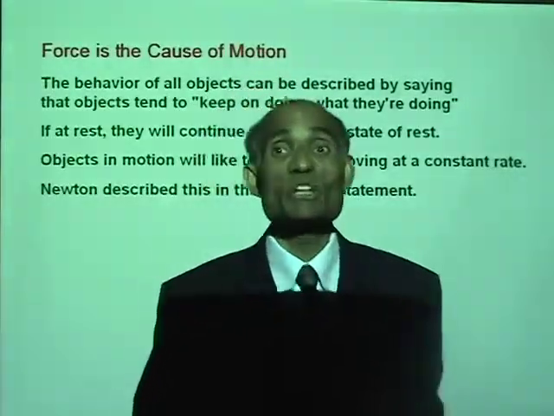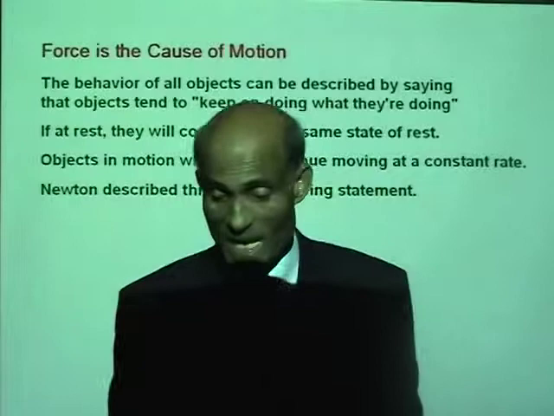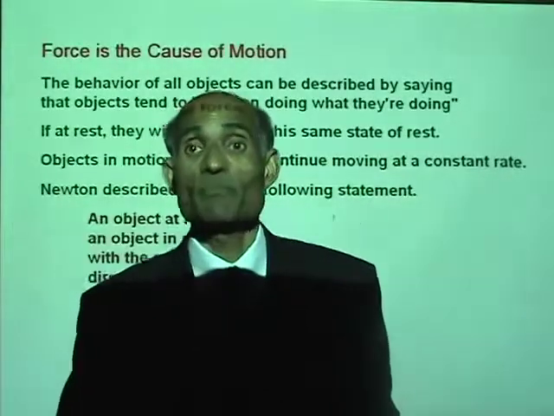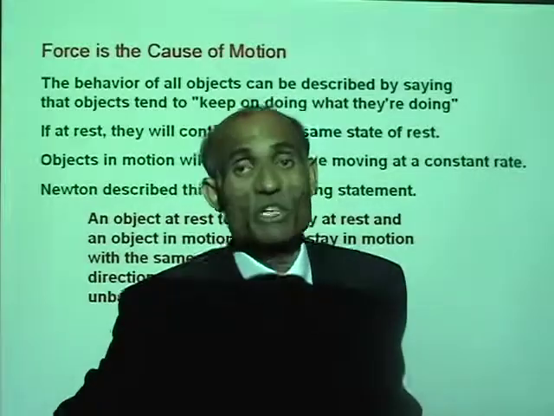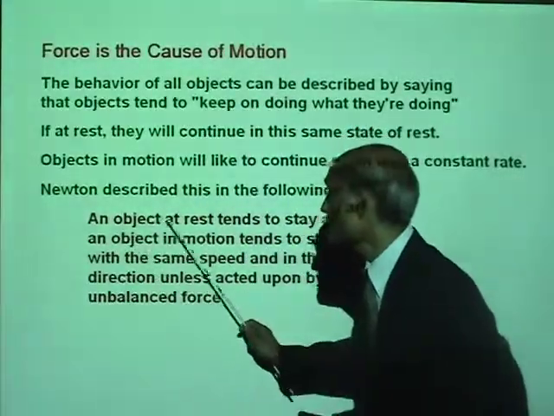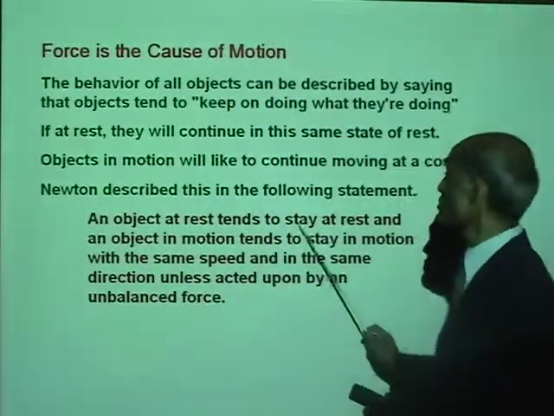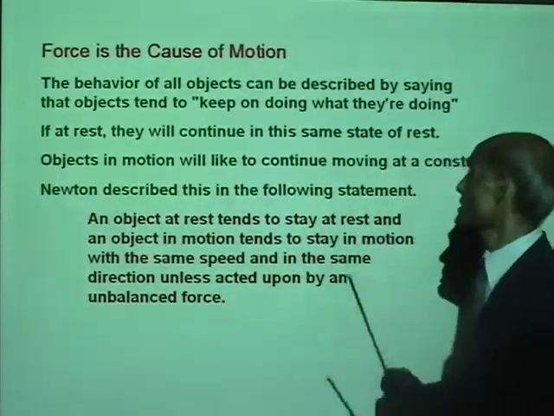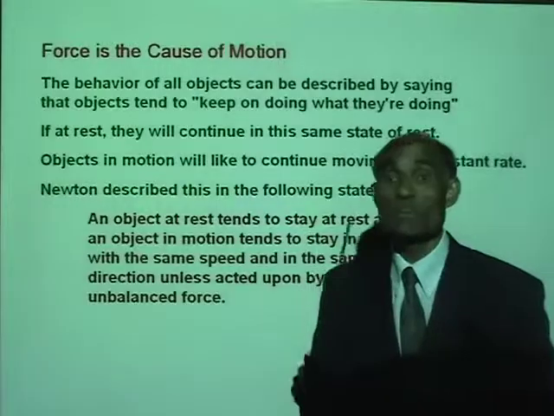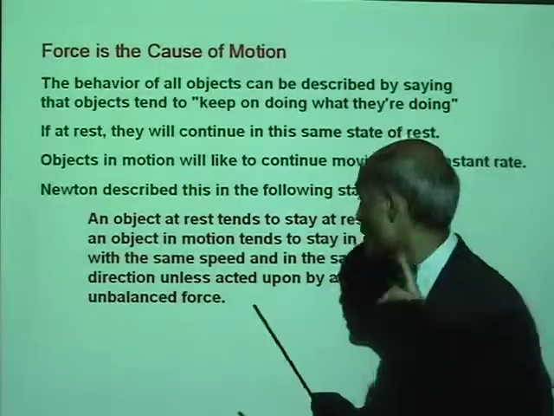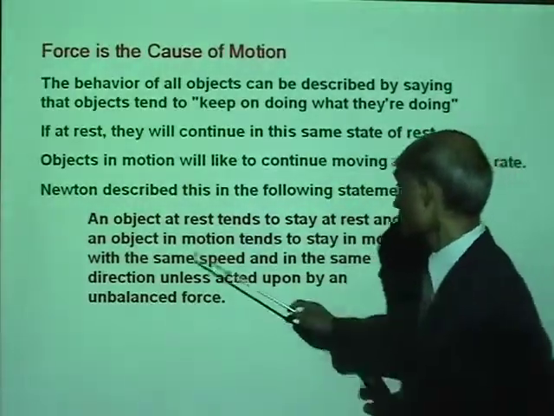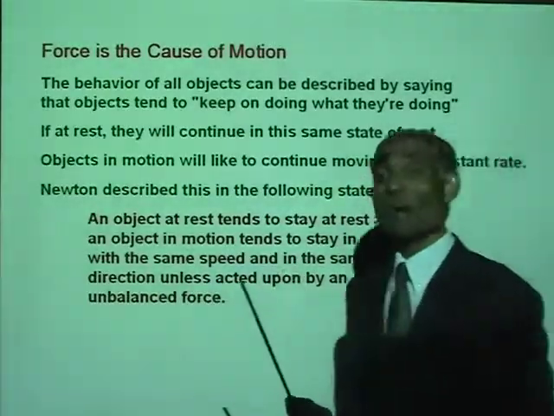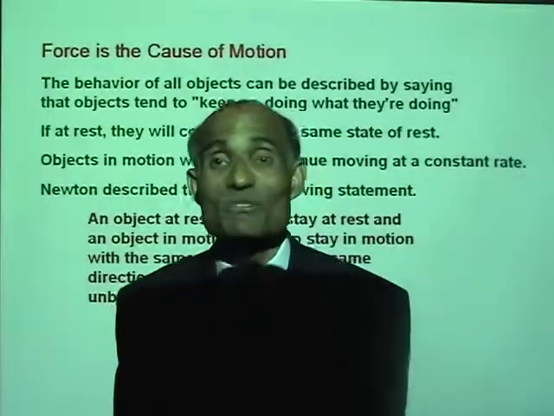Now, Newton described this in a statement that I'm going to give you. Newton said, an object at rest tends to stay at rest, and an object in motion tends to stay in motion in the same direction, unless acted upon by an unbalanced force.